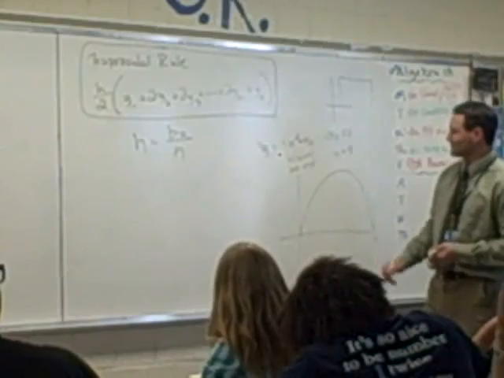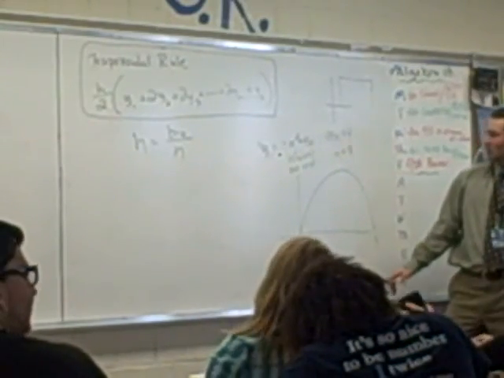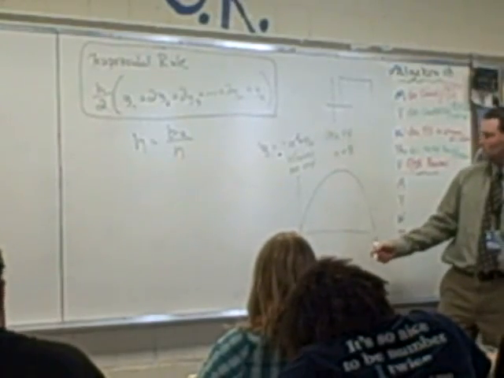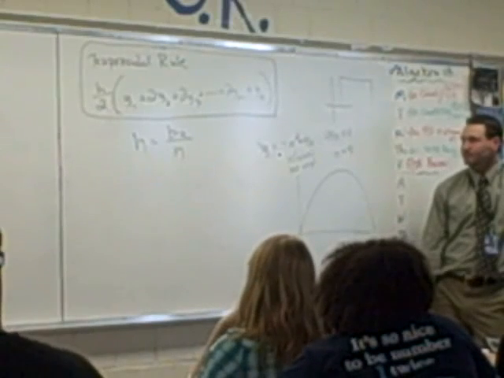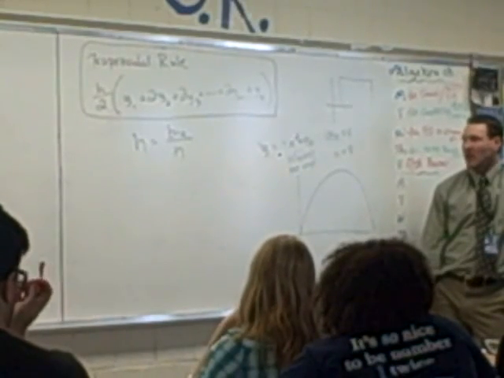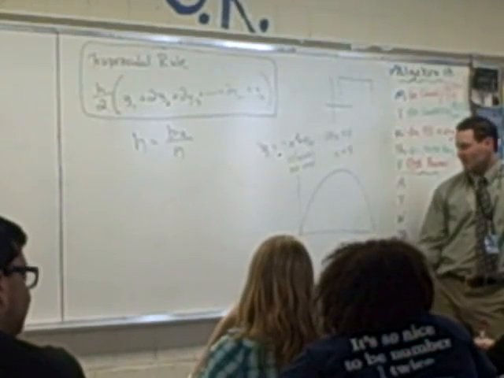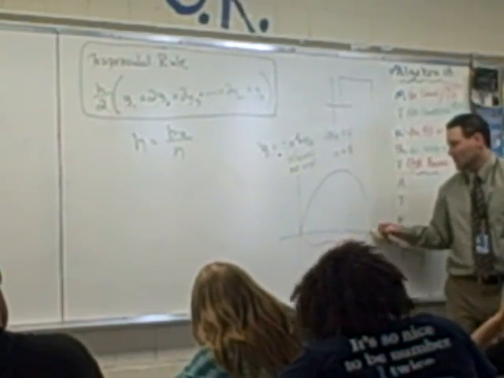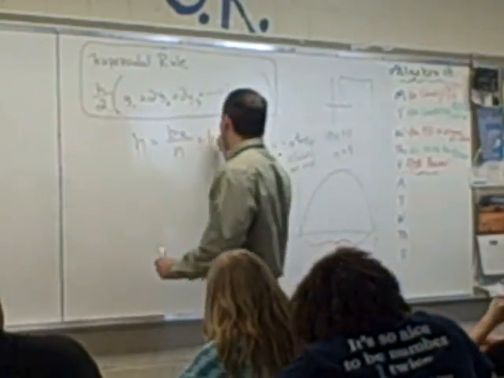Using the trapezoidal rule, what's my h going to be, by the way? It would be 1/2. Very good. B minus A, my distance is 4, and my n is 8. So h, in this case, is 1/2.